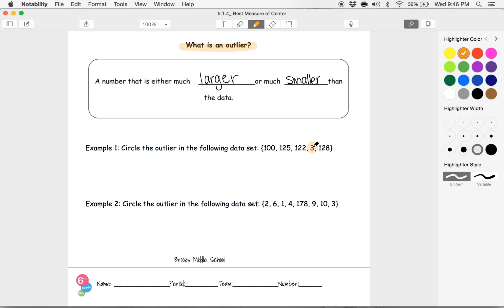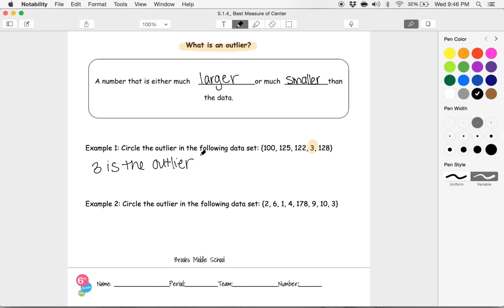In this case, I'm going to pick 3 as my outlier. 3 is the outlier because it is much smaller than the rest of the data.